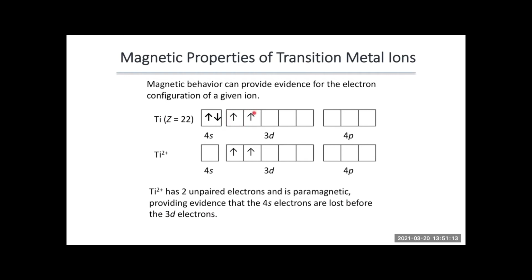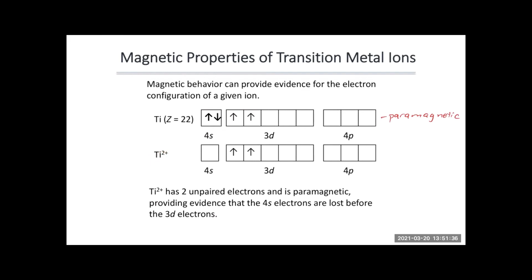So here, titanium would be considered paramagnetic. But now if we think titanium becoming titanium plus 2, when it becomes titanium plus 2, we've lost 2 electrons.